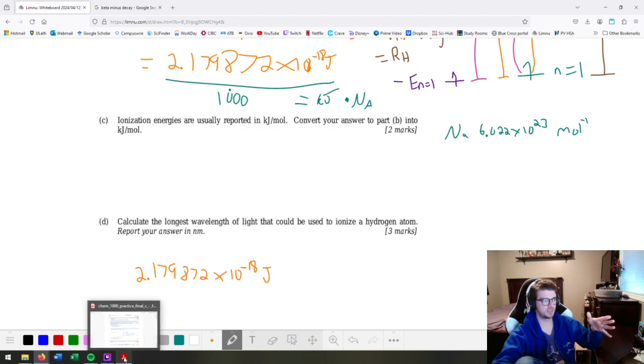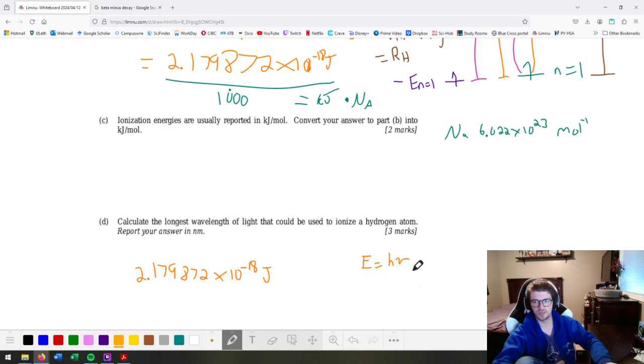So we need E equals h nu. It's not a V, it is the Greek letter nu, and h is Planck's constant, and this relates the energy contained in a photon to its frequency.